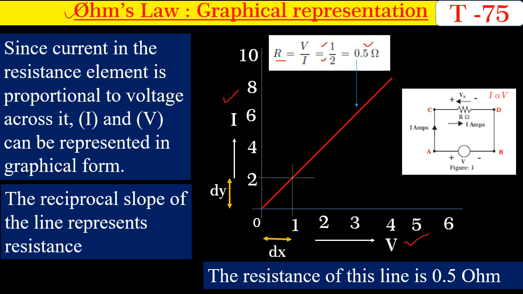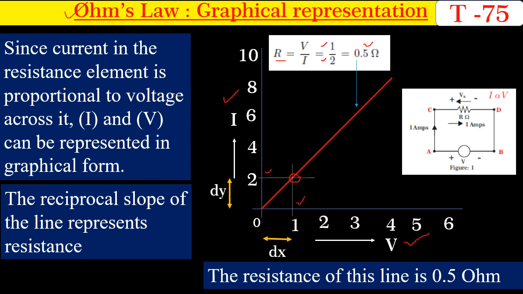Now, if I ask you to represent this point on the Cartesian coordinates, you know it is 1 volt divided by 2 amperes. You get this point which should be on the line that we are representing.